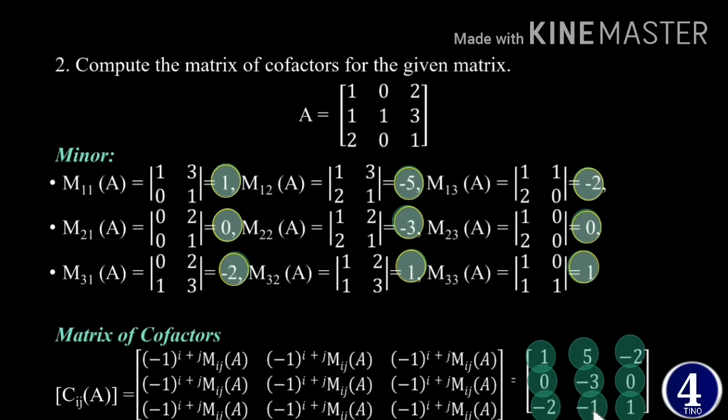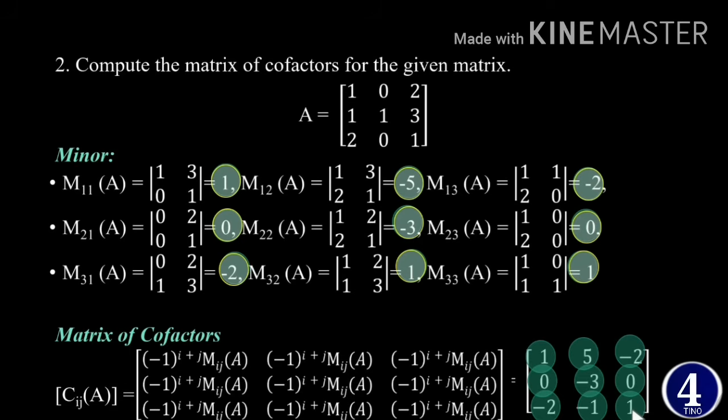Finally, at 3, 3, -1 the power of 3 + 3 is -1 the power of 6, which is positive 1. Positive 1 times m33, which is 1, is going to be 1. So we have calculated the matrix of cofactors. Now we know how cofactors and minors are computed.